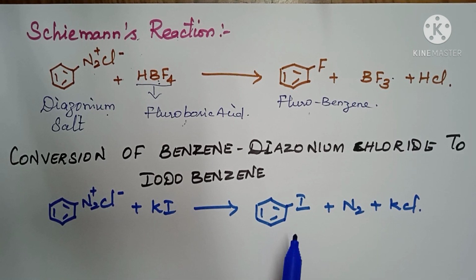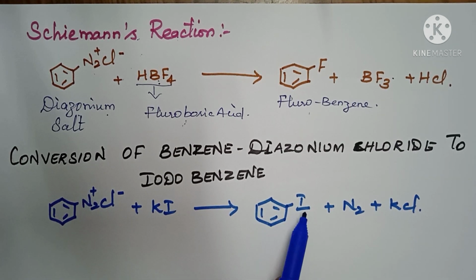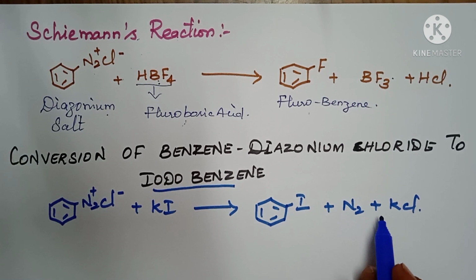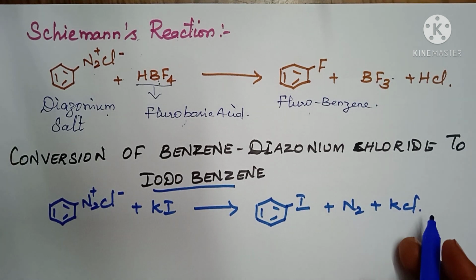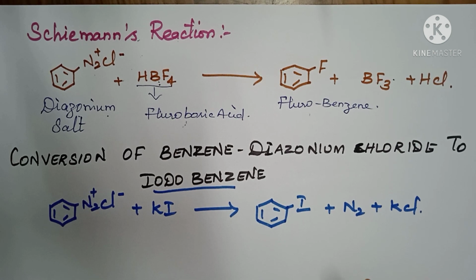The diazo group is removed, so you get iodobenzene and N2 plus potassium chloride. Remember this point, which is very easy. So for the removal method, where the azo group is removed, you can remember all these points.